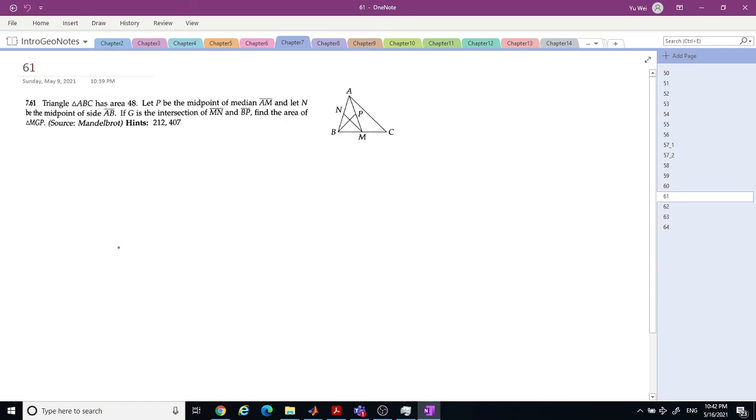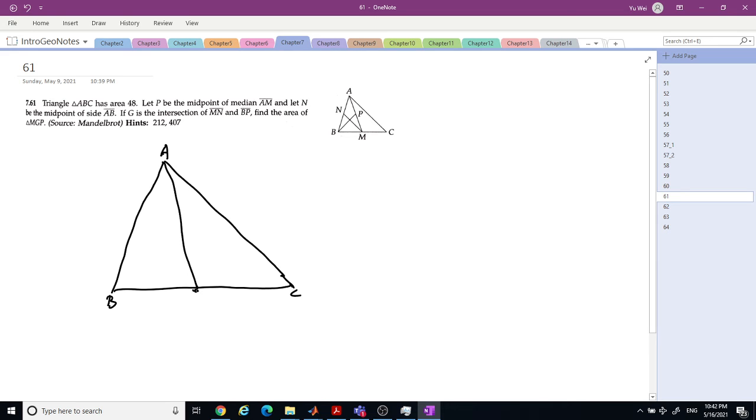So the triangle ABC, and P is the midpoint of the median. So AM is the median, meaning M is the midpoint, and P is the midpoint of the median. Okay, and let N be the midpoint of side AB.